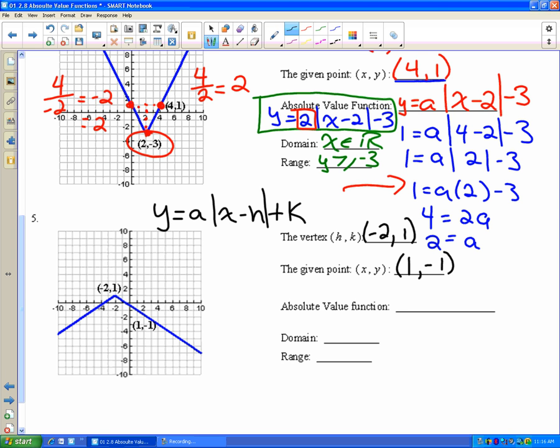By the way, since the last one was facing up, I knew that a had to be positive. If it's facing down, I know that a has to be a negative number. If I do this the quick way, here's the point 1, negative 1, and here's the point negative 2, 1. I'm going to go down 1, 2, and right 1, 2, 3. So that was down 2 and right 3.